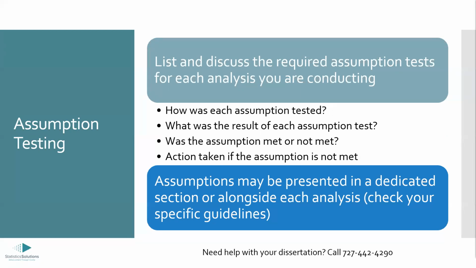Or maybe you say that, because the assumptions were violated, you were going to conduct an alternative test that doesn't require those assumptions to be met. So for instance, switching your analysis to a non-parametric analysis where you don't need assumptions like normality and homogeneity of variance to be met.